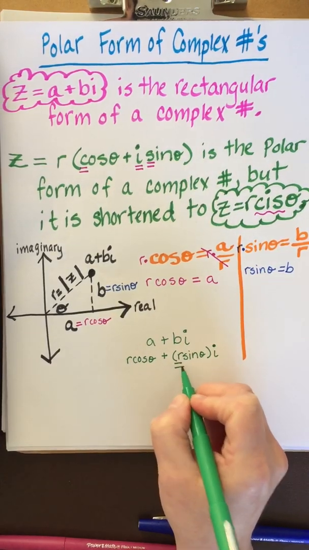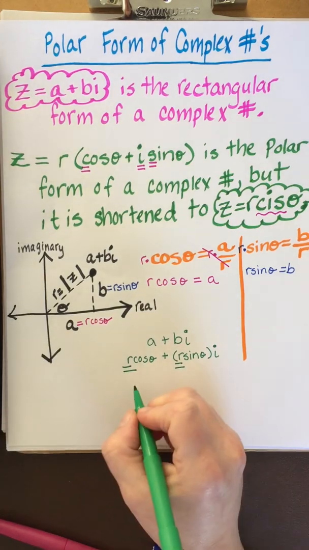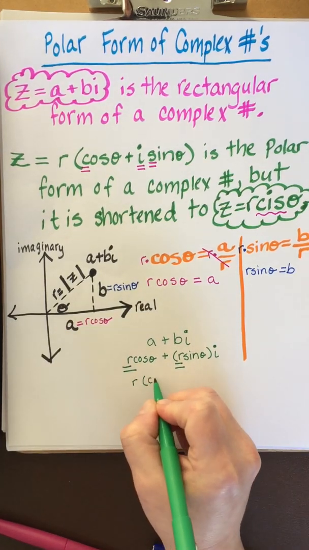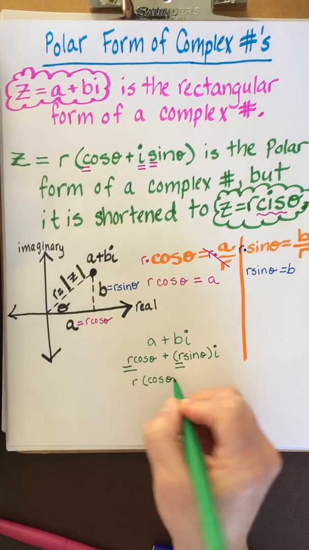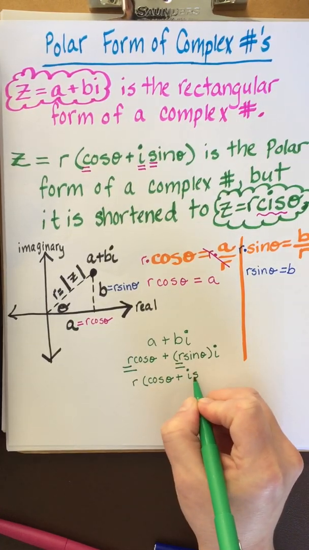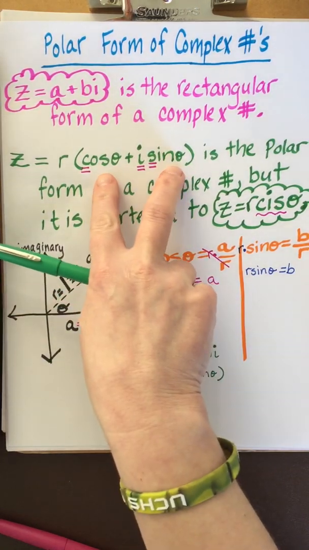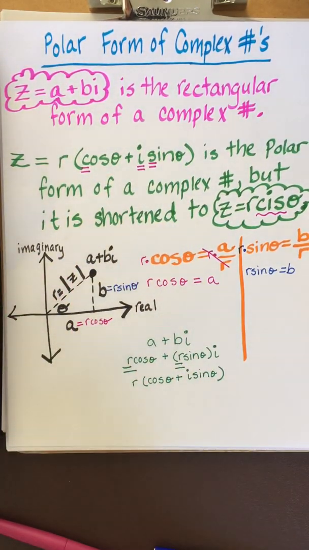They both have an r, so I could factor that out front. So I would have r times the cosine of theta plus, and I'm going to bring the i out front, i sine of theta. And that's where this polar form came from, is this right here. All right, let's do some examples.